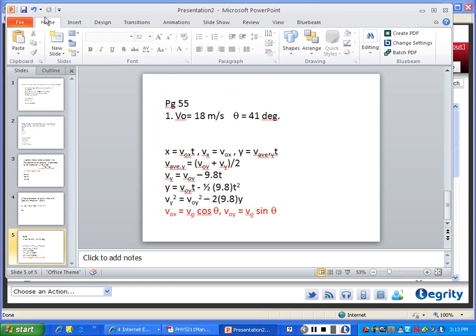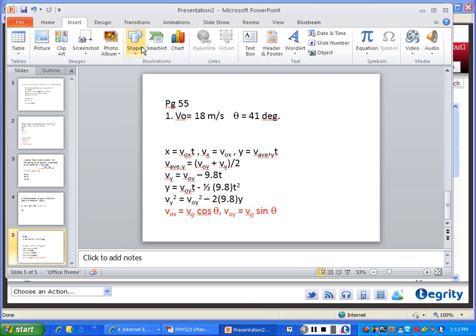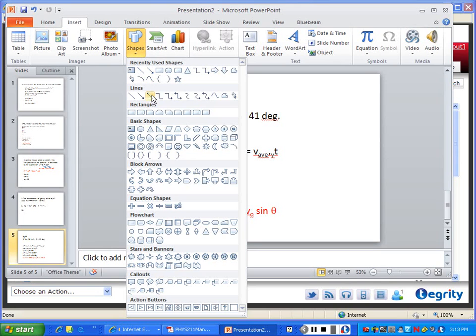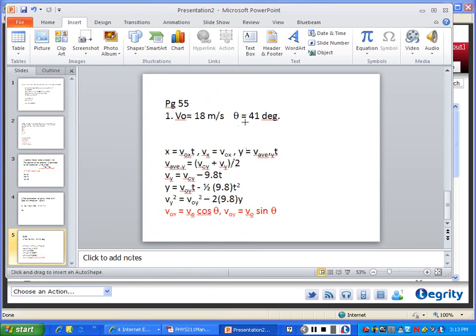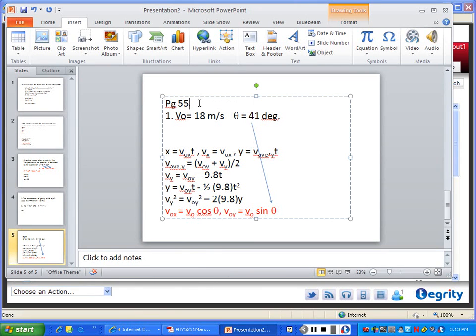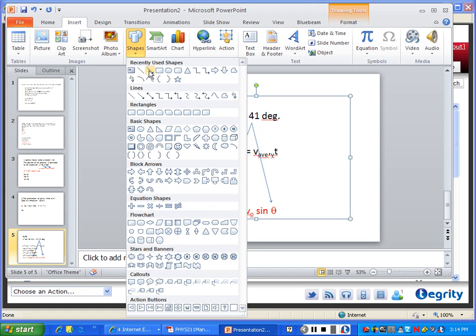Alright, now, because we have the angle, we can take that and bring it down here and put it in our formula. Right? There and here. Okay. And we've got our V0. Same thing.